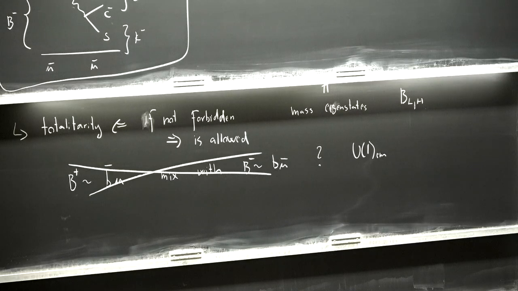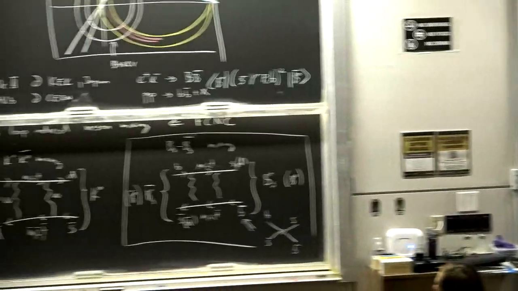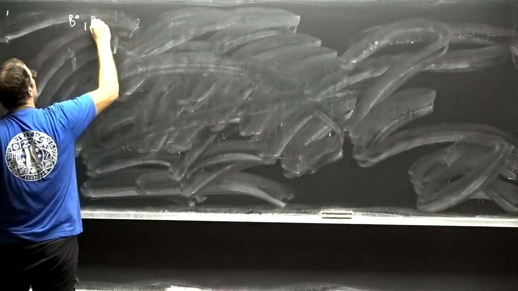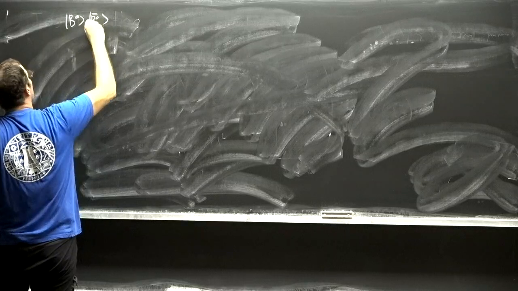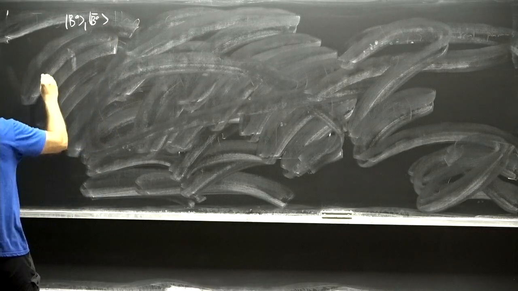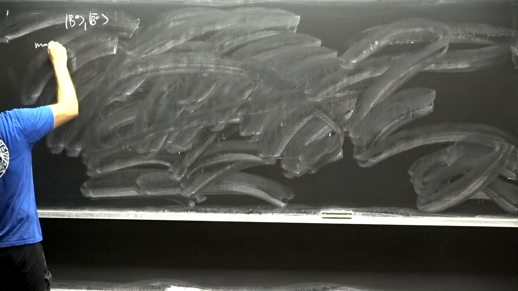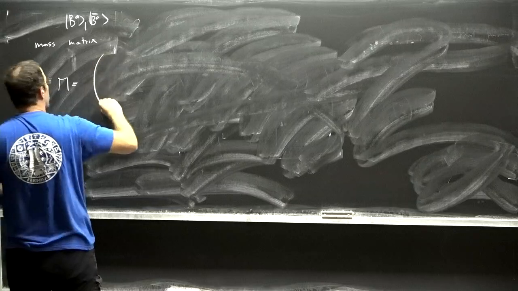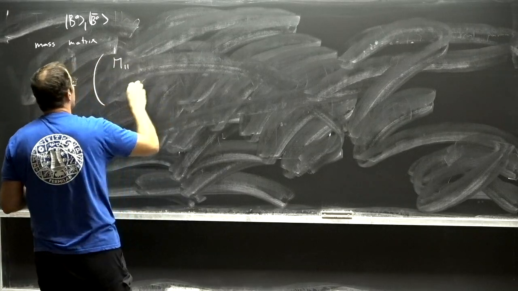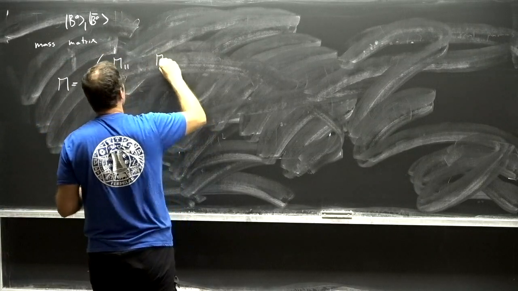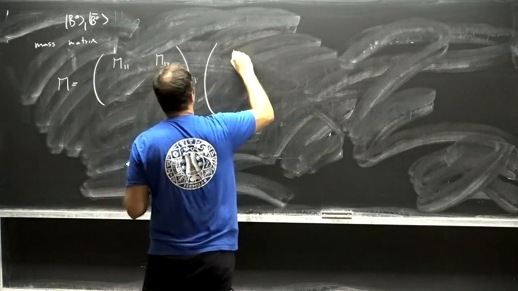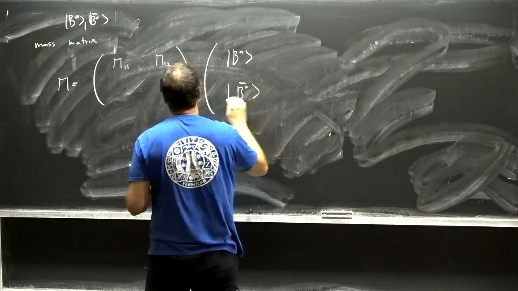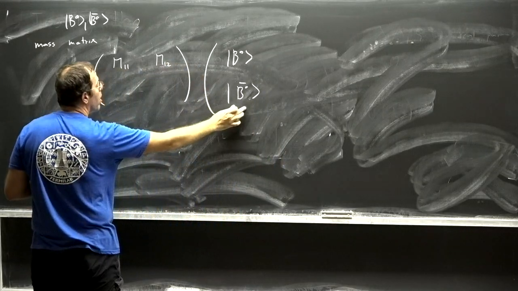Okay, so the mass matrix for the B0 B0 bar system will look something like this. So I have the mass of the B0, then I can also take a B0 bar and convert it to a B0.